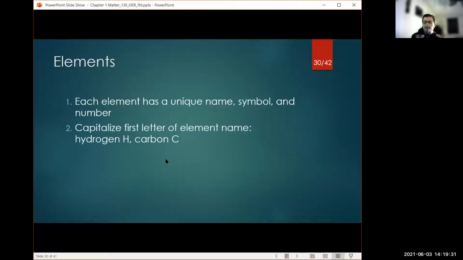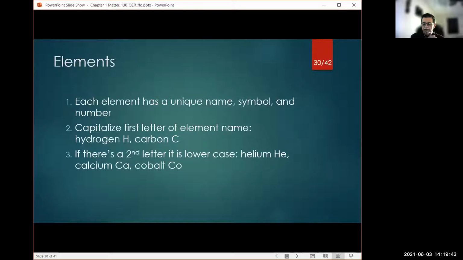Now, the first letter is always capitalized, so you won't find any lowercase first letter for the symbol of an element. If there is a second letter, which you saw there in the periodic table, that one is lowercase.